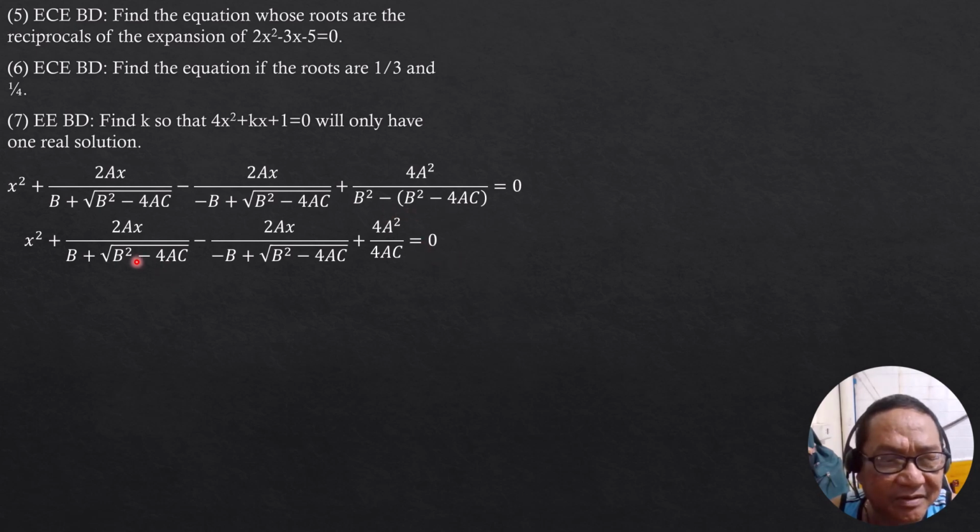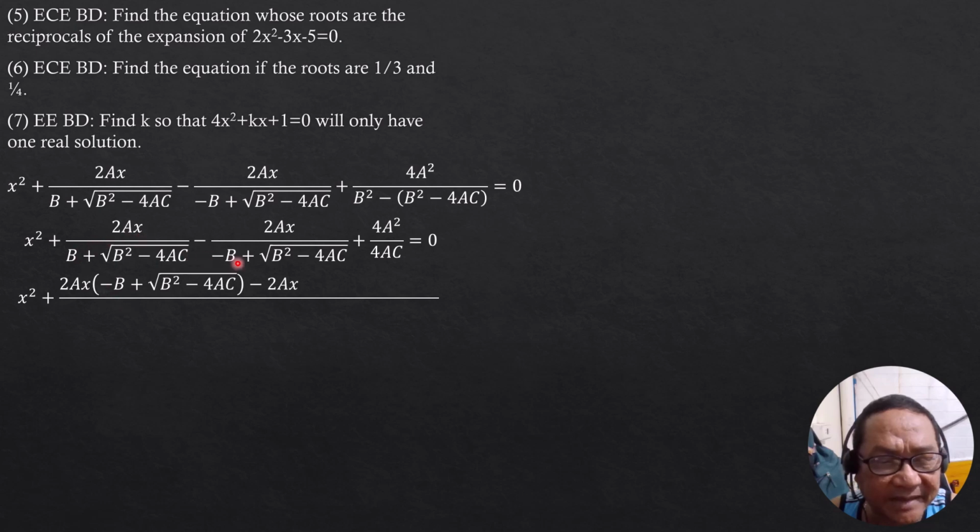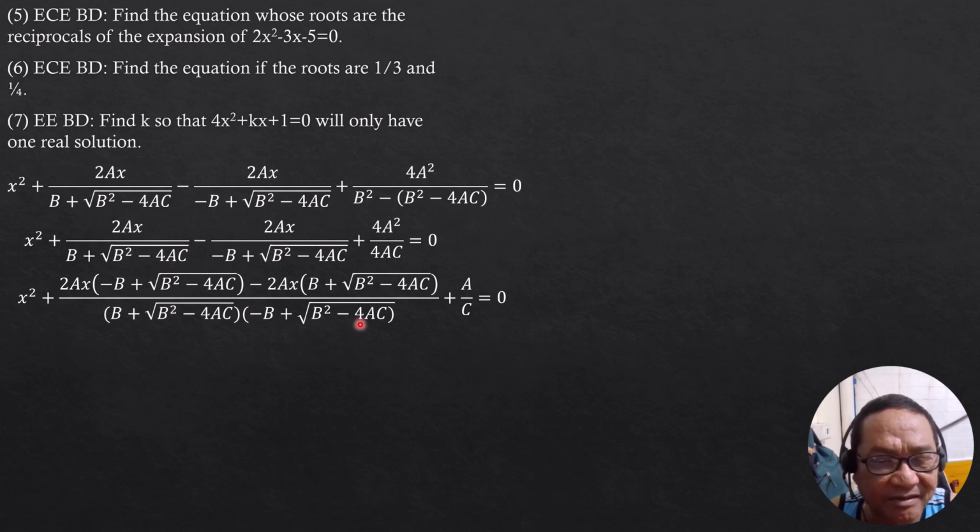So simplifying this middle two terms, so x squared then plus 2ax times this denominator minus 2ax times that denominator, which is this, all over LCD, which is the product of these denominators.